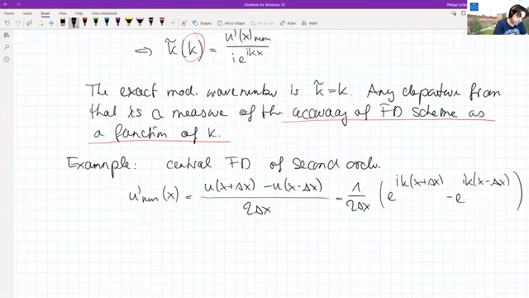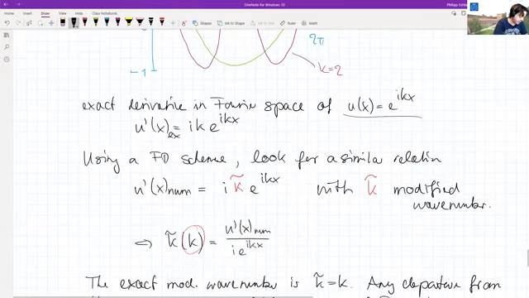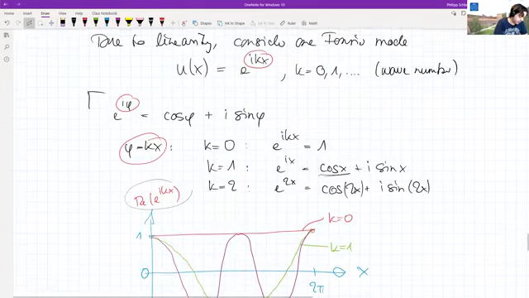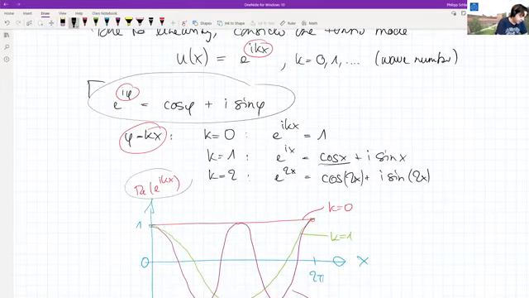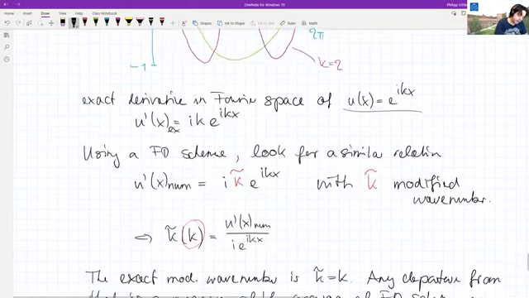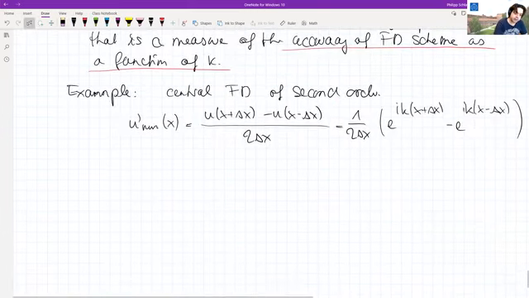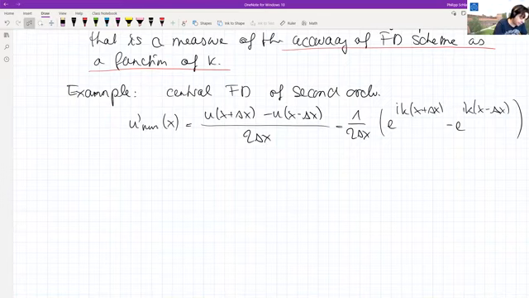Okay, so now we see we have a difference of complex exponentials, and again with the help of the Euler formulas, we can go from this back to sines and cosines. With these types of formulas, we can go back into a representation with sines and cosines, and in this case, it will turn out that a sine is enough to represent this difference.